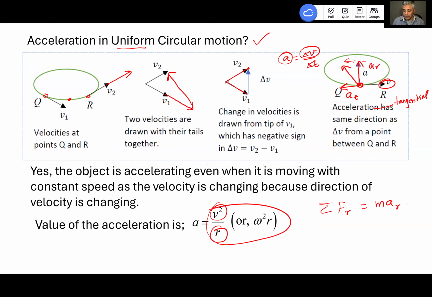So basically the only thing that's different is that now we have to use this value and direction from here. Sum of the forces, the process is the same. We draw a free body diagram and then add them together in that particular direction. And that must be equal to mass times acceleration in that direction. So the process is the same.